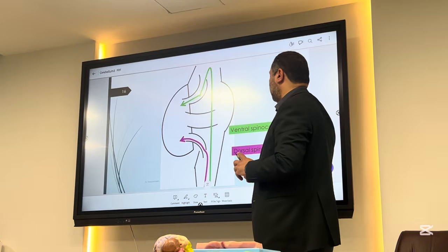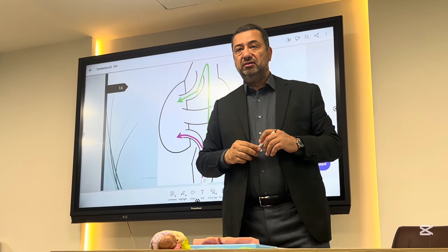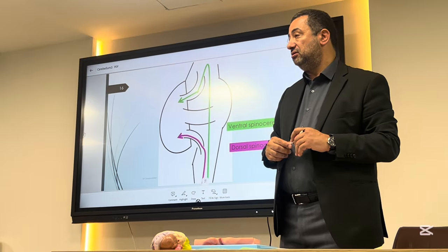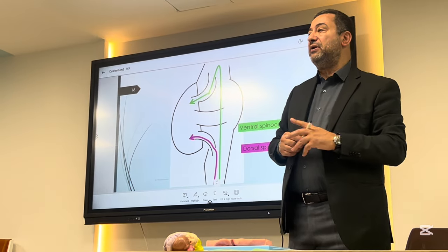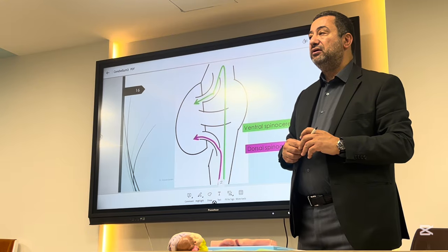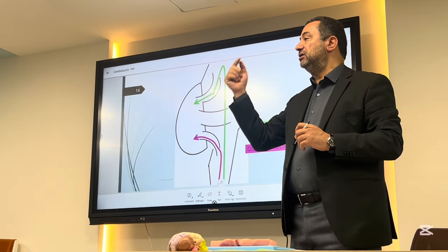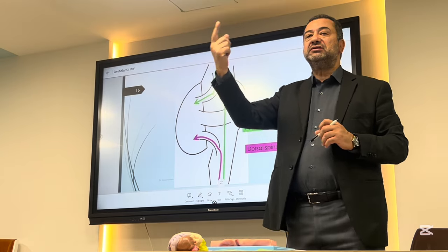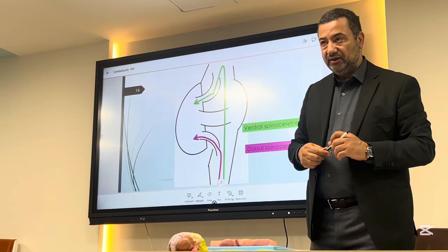Posterior or dorsal spinocerebellar tract doesn't have any crossing. But anterior spinocerebellar tract has two crossings. One crossing in the spinal cord and second crossing in the cerebellum. Okay?